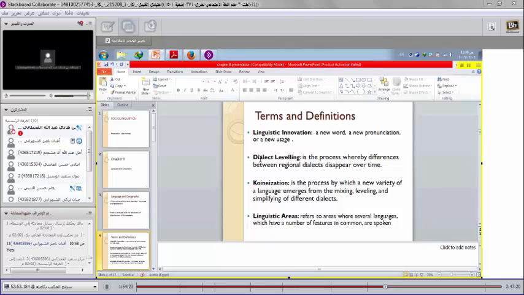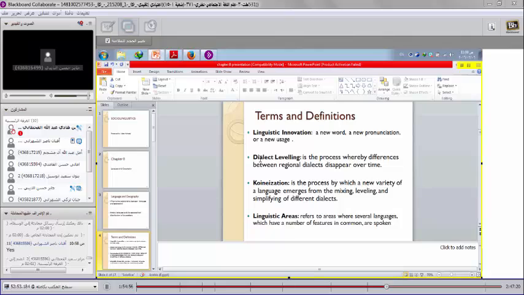Another term is dialect leveling. It refers to the process whereby differences between regional dialects disappear over time. Also, there is another study conducted by Yusuf Al-Rajai in 2013 on regional dialect leveling in Najdi Arabic, the case of the application of the K sound in the Qasimi dialect.